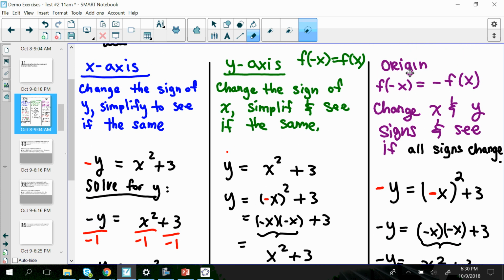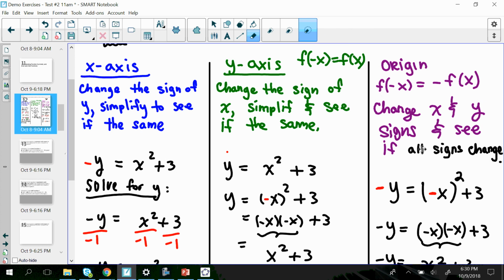Then going on to origin symmetry, this is actually more appropriate when you're talking about odd functions, and this part of it, I kind of mixed up the two definitions here, and I said all signs change. Well, actually, all signs change applies to this part of it up here when you're dealing with odd functions.